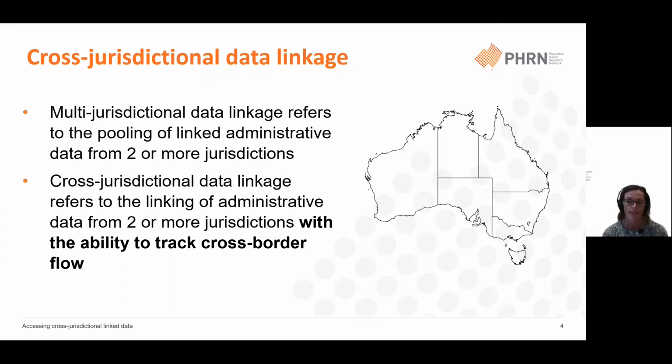So the researcher could receive information about individuals diagnosed in WA who later died in New South Wales, for example, and so on. And for near complete coverage, if the researcher wanted to know whether their cohort of interest had died anywhere in Australia, that is in any jurisdiction, regardless of which jurisdiction they were originally first diagnosed in, the researcher could apply to the Commonwealth to link the cohort to the National Death Index.